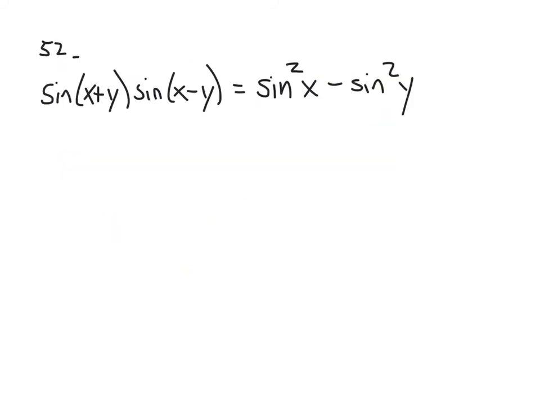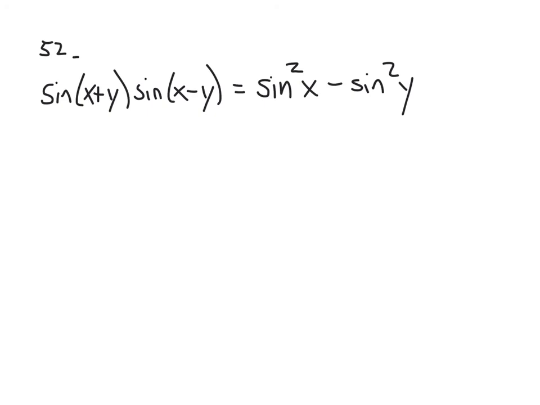All right, so I just randomly picked number 52 because it looked somewhat difficult. We're in the sum and difference formulas, so I am going to mess with the left-hand side first, and I'm just going to apply those formulas over there. I'm not going to keep rewriting the right-hand side of this because I won't have enough room.